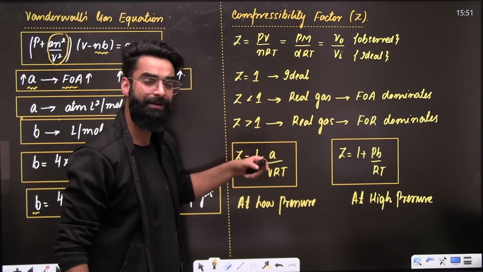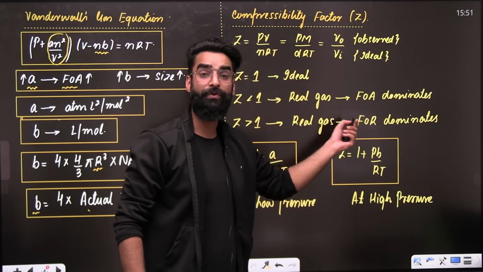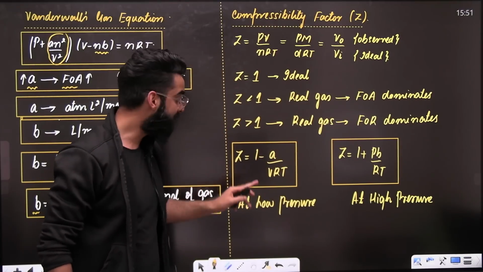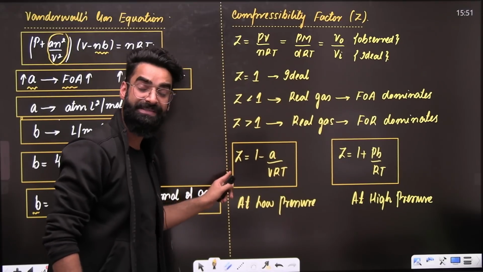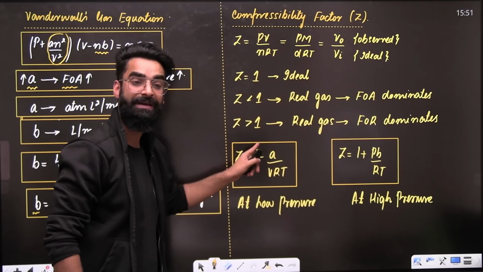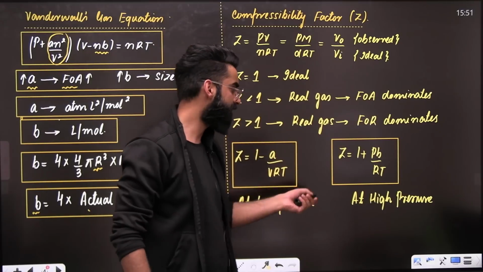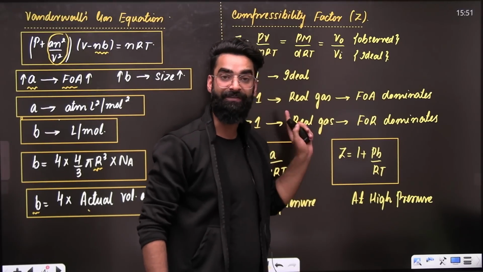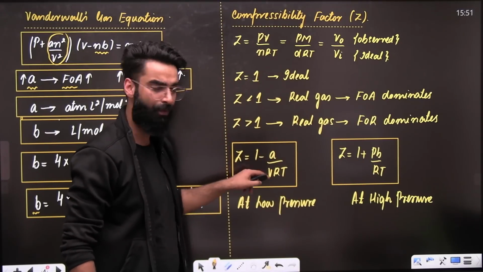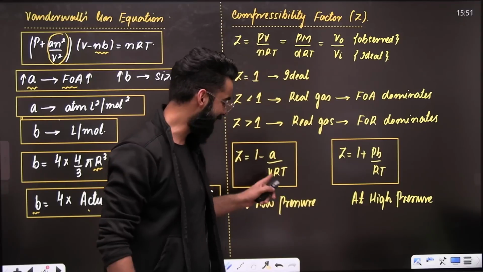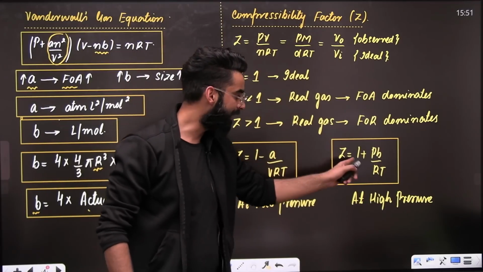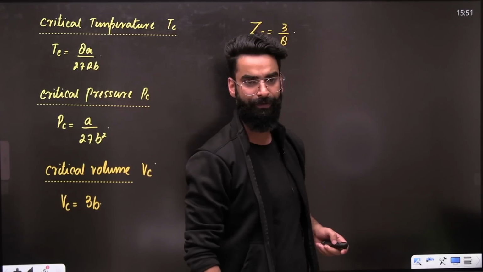Z greater than 1, the gas is again going to be real, and force of repulsion dominates. At low pressure, the value of Z is approximately 1 minus a by VRT. At high pressure, it's going to be 1 plus Pb divided by RT. That means here it's less than 1, here it's greater than 1. That means here attractive force is dominating, here repulsive forces will be dominating, right?